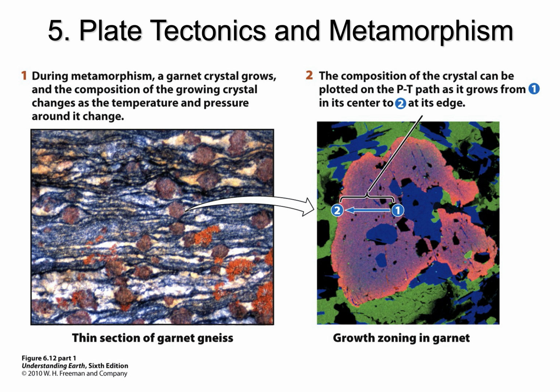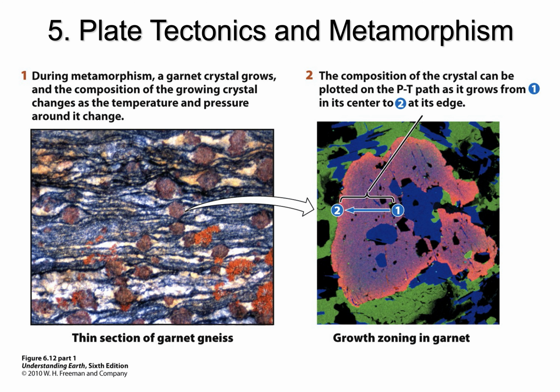If we are constructing a PT path, then we are using the chemical composition of our minerals. That is one thing. So when the garnet starts to grow in the center, which is seen here by number 1, the garnet has a different mineral chemical composition at spot number 1 compared to number 2, yeah?